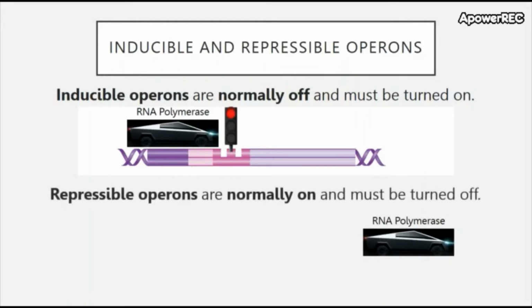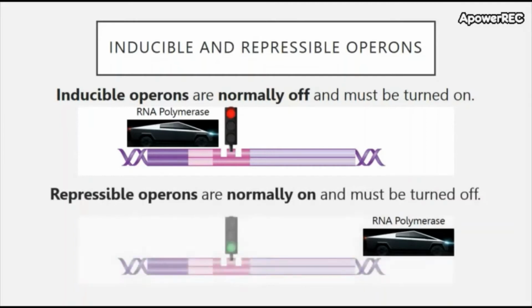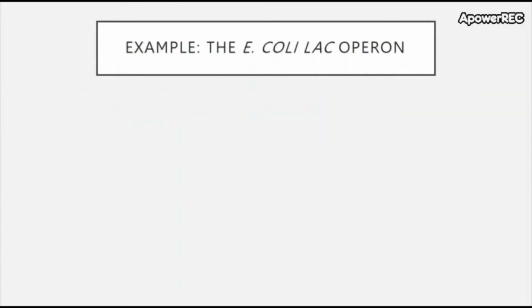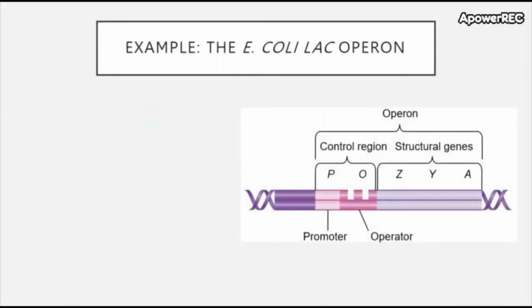Repressible operons are normally on and must be turned off. So again, inducible operons are normally off. Repressible operons are normally on. And let's go over an example of this.